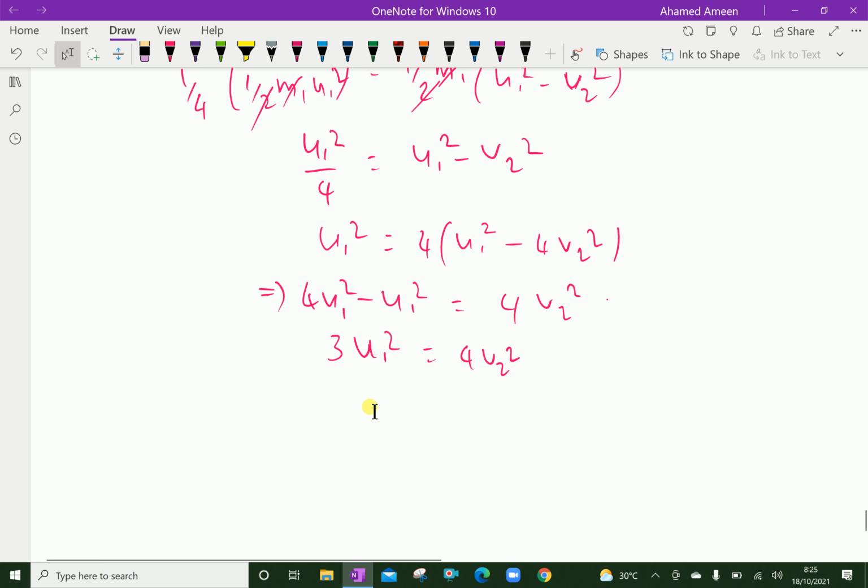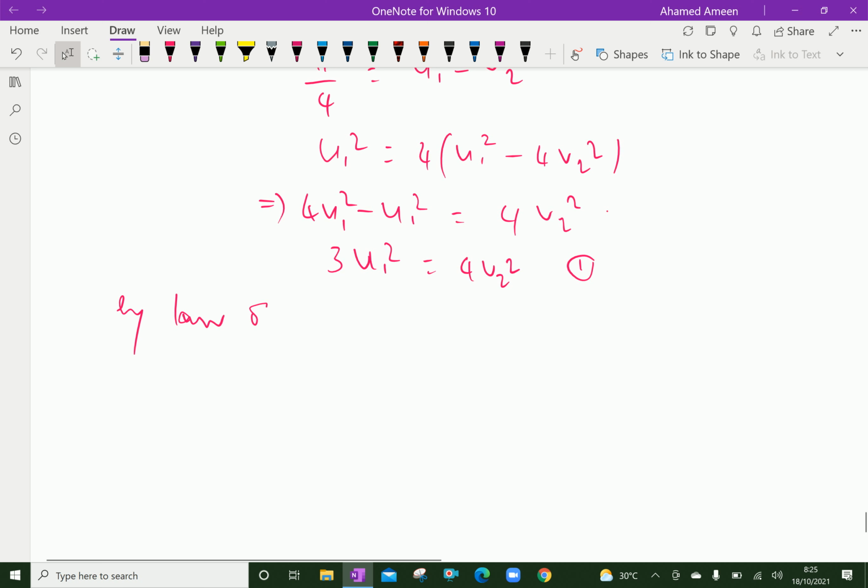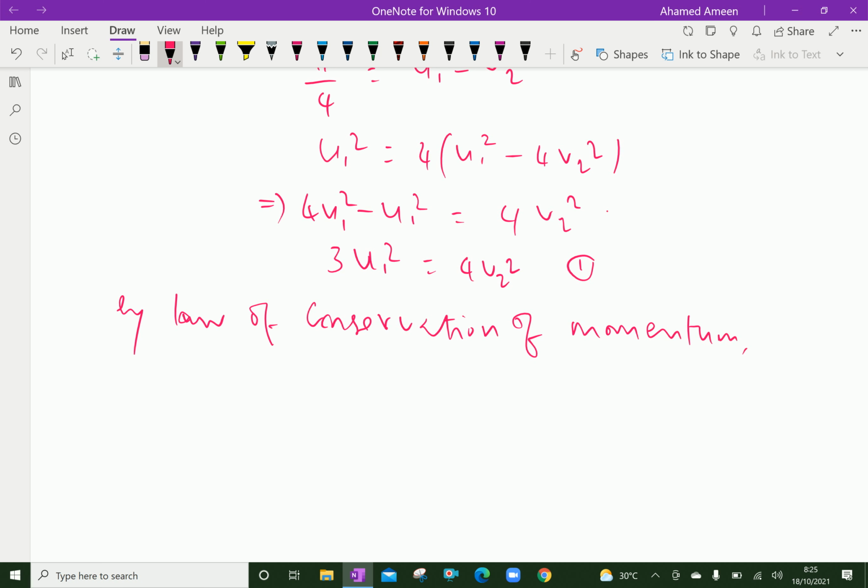Let it be 1. Now by the law of conservation of momentum, we have v2 minus v1 equals e times u1 minus u2.